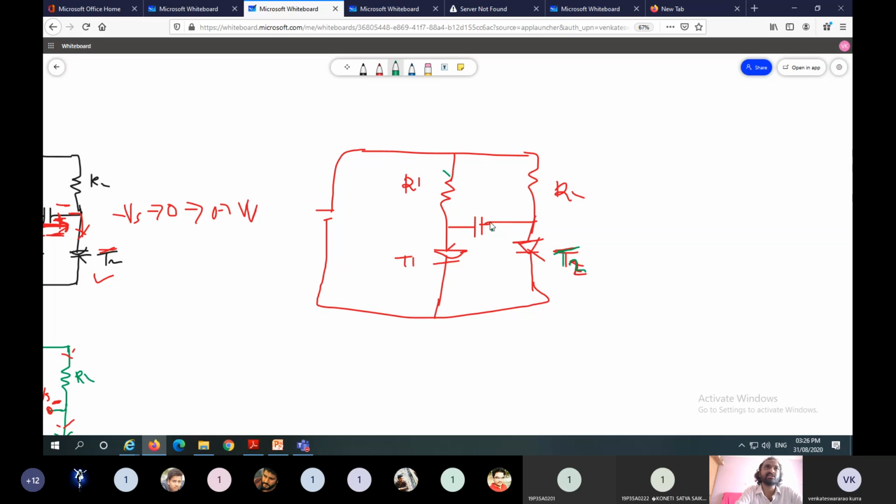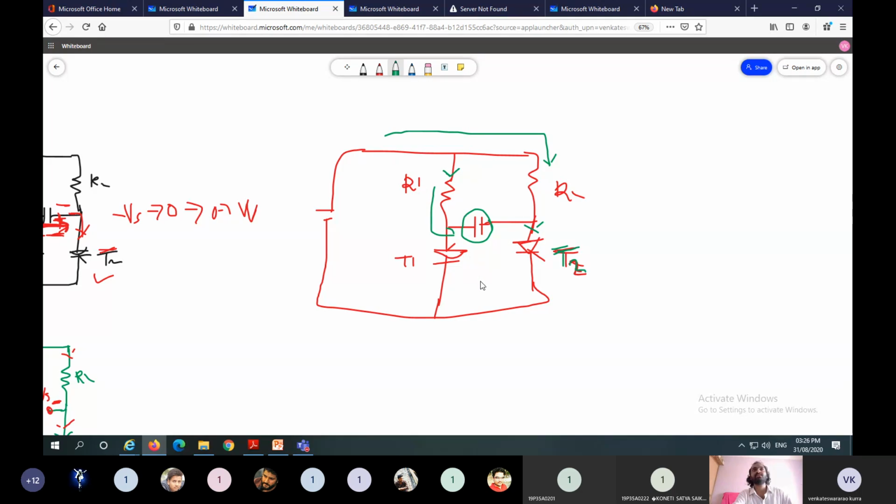if you assume there is no voltage across the capacitor, once T2 is triggered, the current starts flowing like this, and some of the current starts flowing like this.